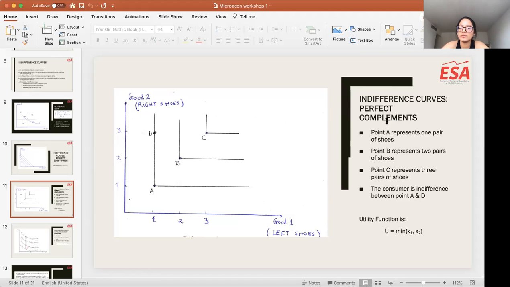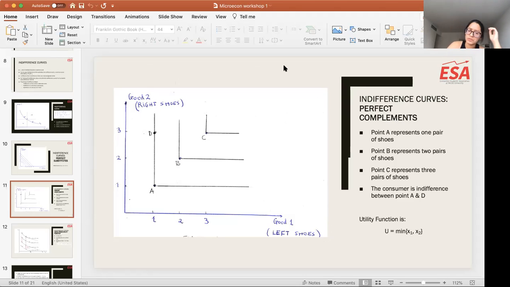The next curves we are going to look at are the perfect complements curves. Perfect complements are goods that are perfectly in sync. This is a good example because good one is the left shoe and good two is the right shoe. You kind of need them to go together.